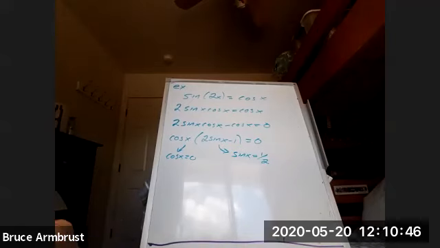You just take 2 sine x minus 1 and set it equal to 0, and then algebra will get you there. Okay, so that double angle identity didn't get rid of the second trig function, but it at least put it into a form that we were able to deal with.